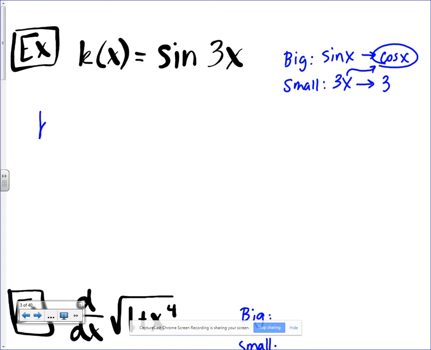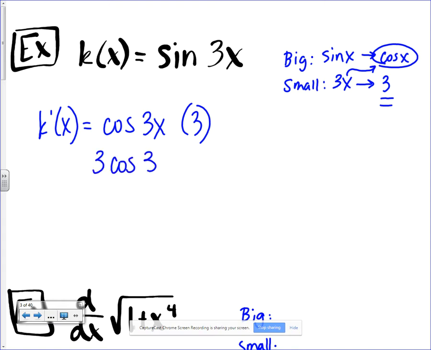So that means if I'm finding this derivative, I have the derivative of the big function and I'm going to insert the little function into it. Then I'm going to multiply by the derivative of the little function. So it looks like that. Now, just to write this a little bit neater, my final answer then would be this.